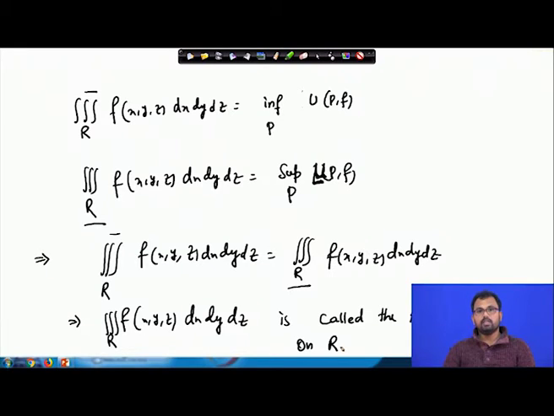Similarly, instead of a rectangular parallelepiped, we can have a region.